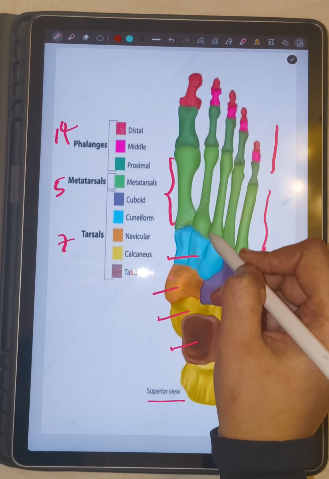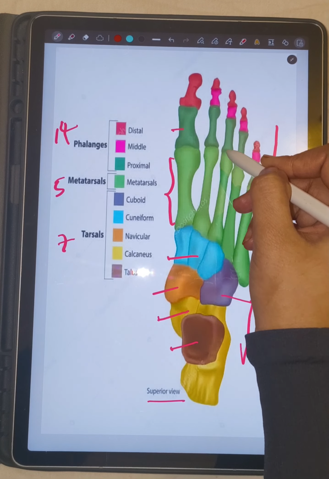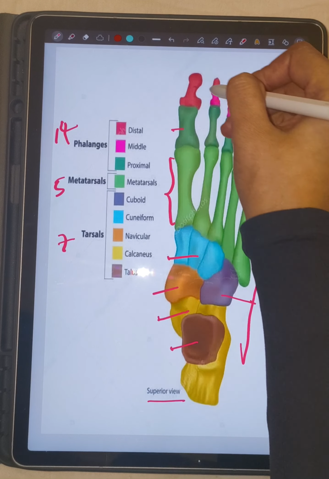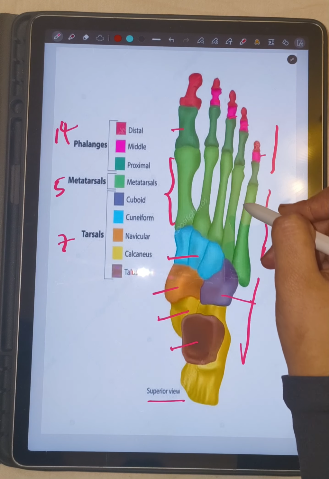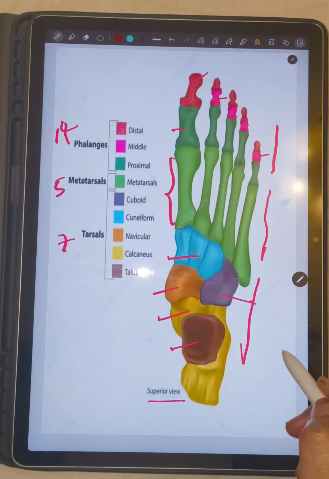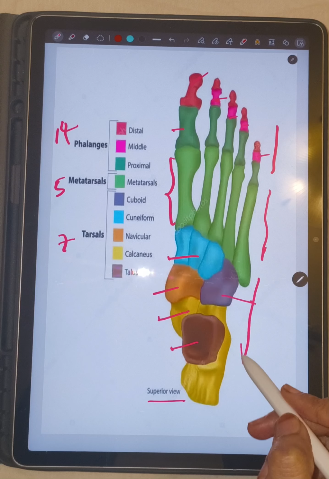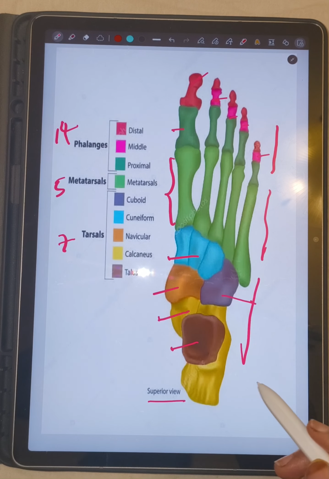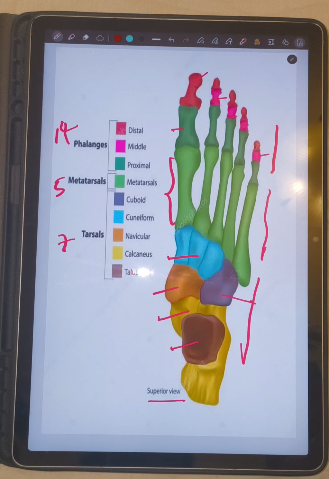These green colors are metatarsals, and this dark green color is proximal, this pink color is middle, and this is the distal phalanges. Distal phalanges, middle phalanges, and proximal phalanges. So these are the lower limb bones. Thank you for watching.